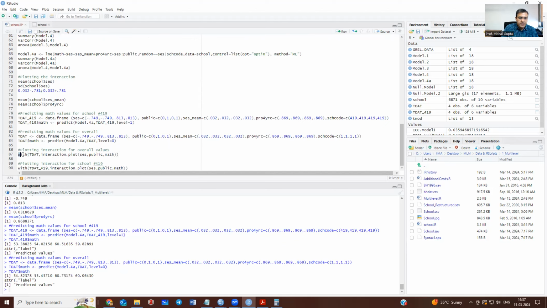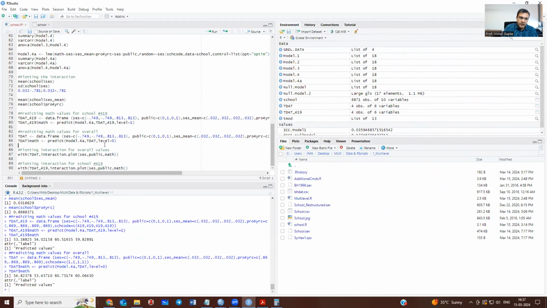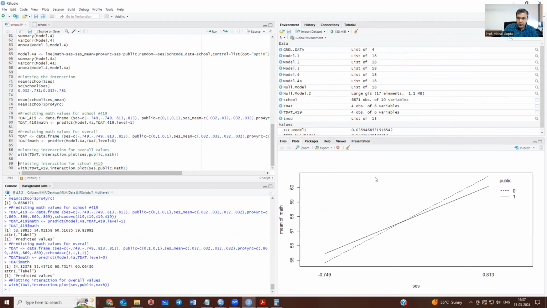Okay, it says with this data frame do an interaction plot. SES is the X variable, public is the moderator variable, and math is the Y variable. So what happens is you get this plot.